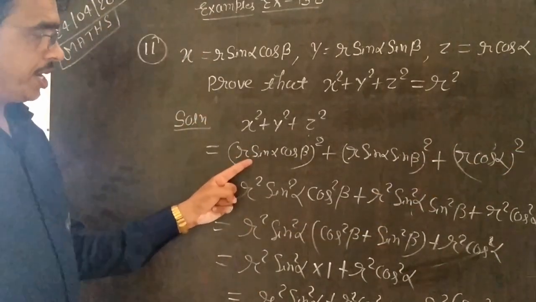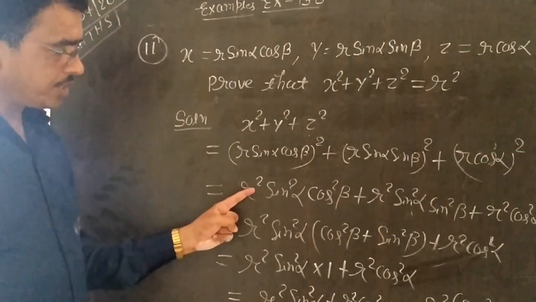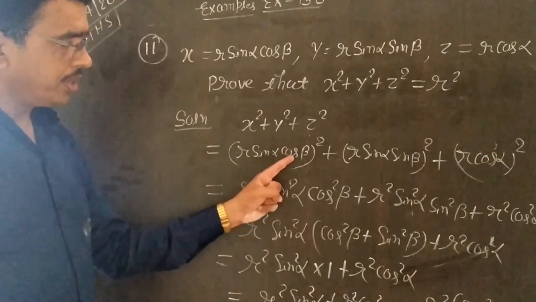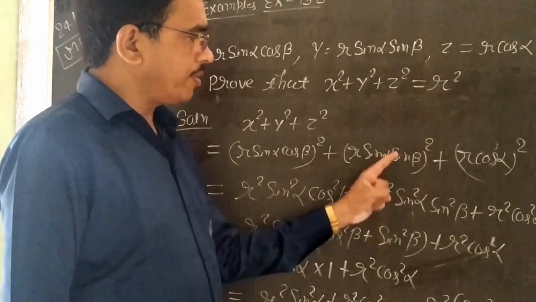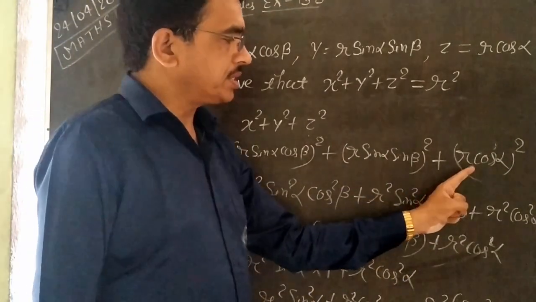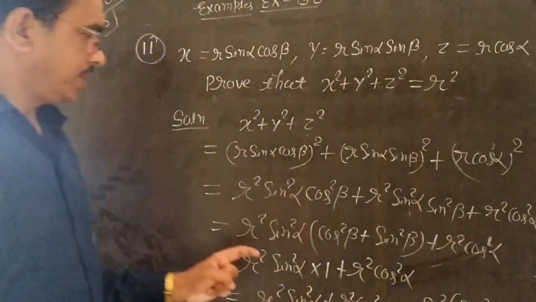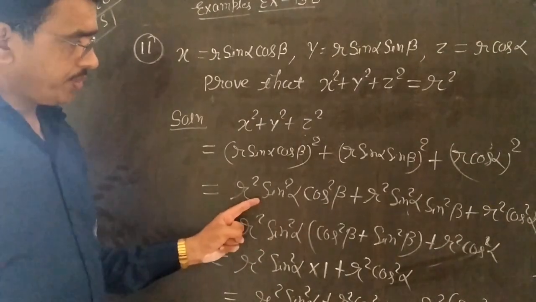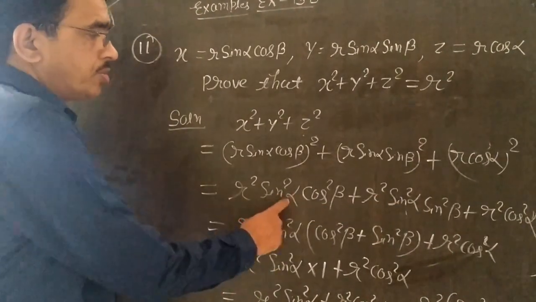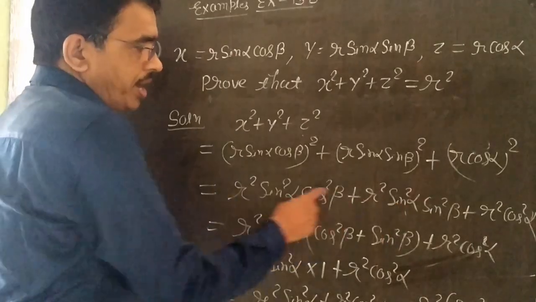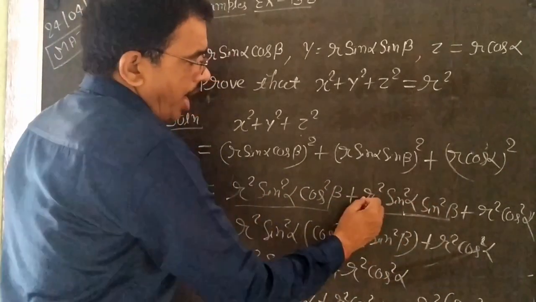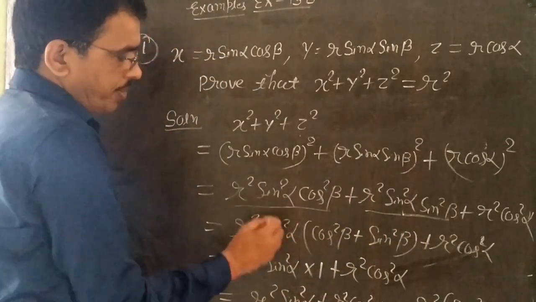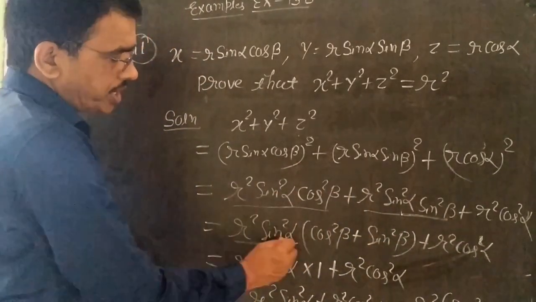Next step, squaring this, we get r square sin square alpha cos square beta plus r square sin square alpha sin square beta plus r square cos square alpha. There are three terms, but these two terms have common r square sin square alpha. So we take common r square sin square alpha.